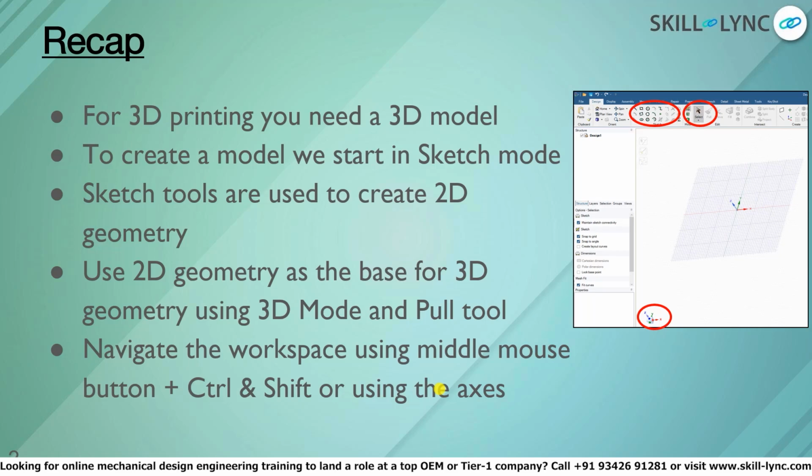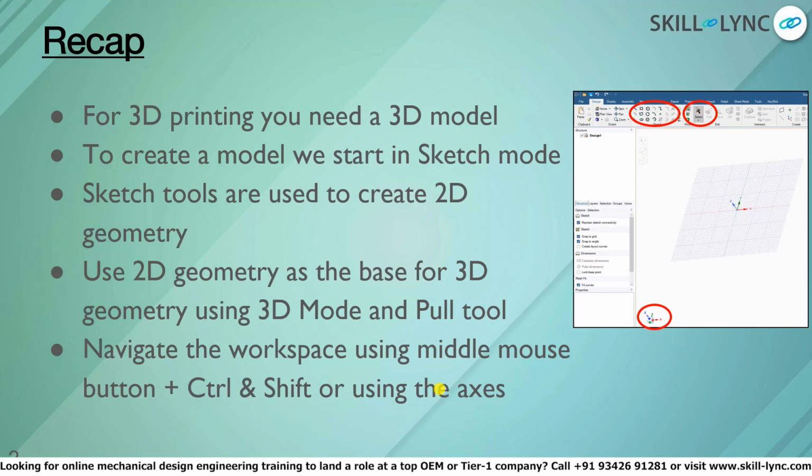We covered sketch mode and 3D mode. We covered different sketch tools that you can use to create your 2D geometry. And we also covered using 2D geometry as a base for the 3D geometry using 3D mode and the pull tool. We also covered the revolve aspect of the pull tool.